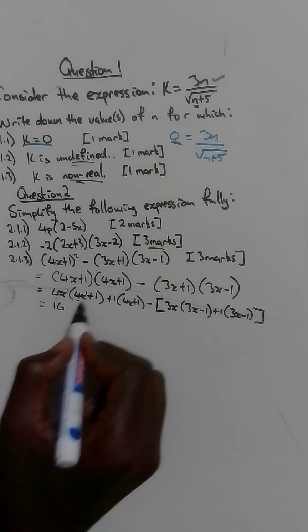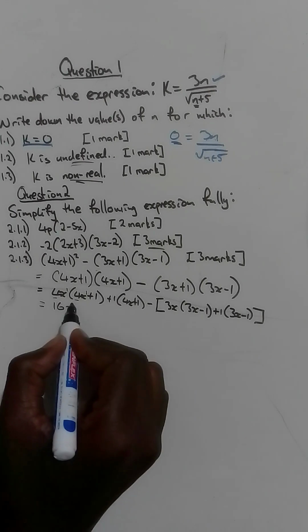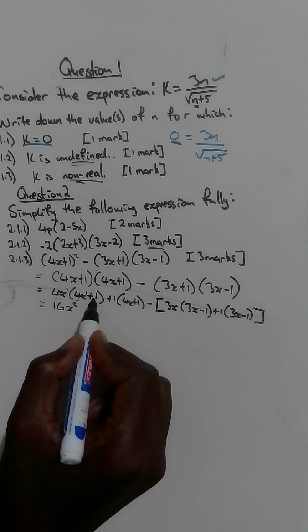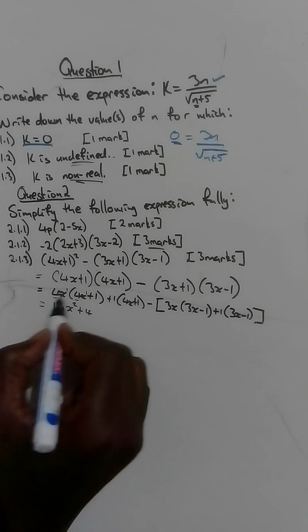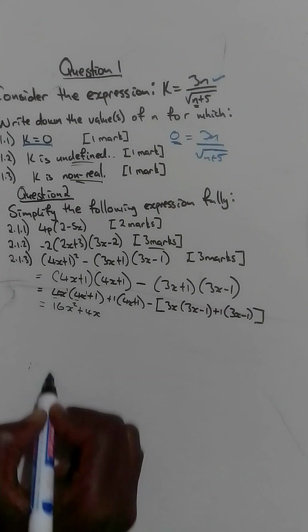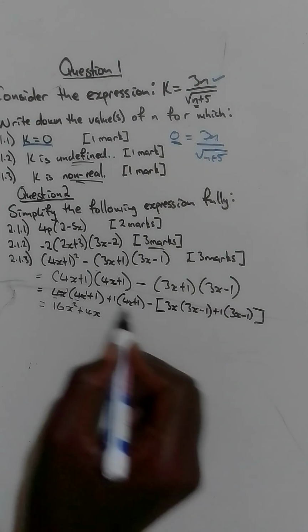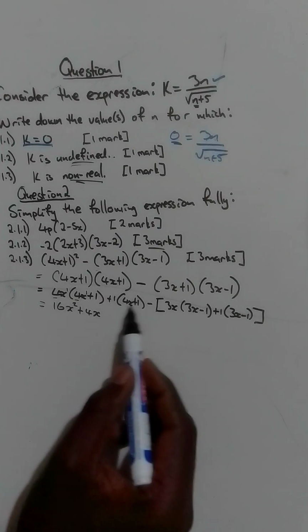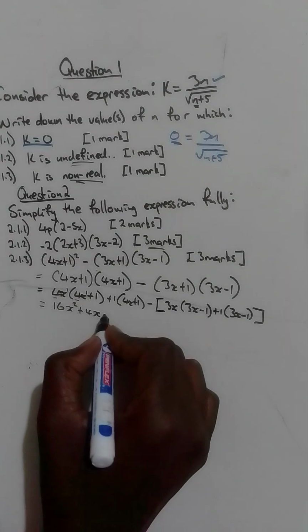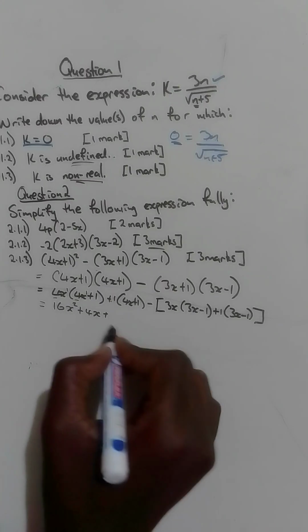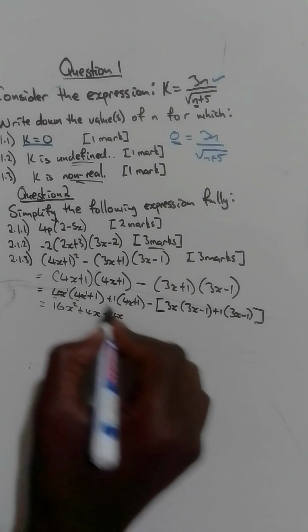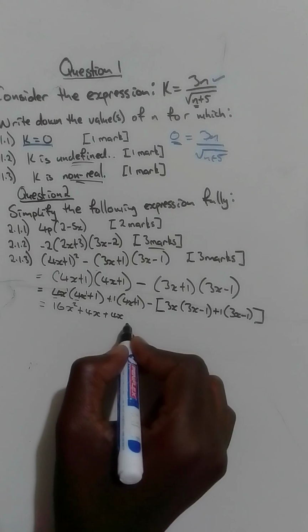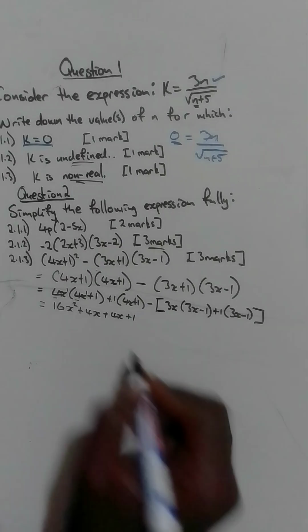And x to the power 1 multiplied by x to the power 1, it gives me x to the power 2. 4 multiplied by 1, it gives me 4. There is x, there is no letter, so I write my x. Then here 1, whenever you multiply anything by 1, the number that you have or the letter that you have, that becomes the answer. So here in this case, positive times positive, now we know that we've got 4x. Positive times positive, it's another positive 1.